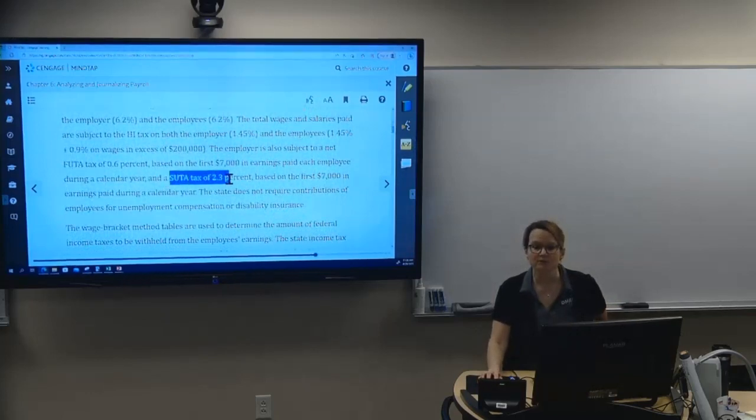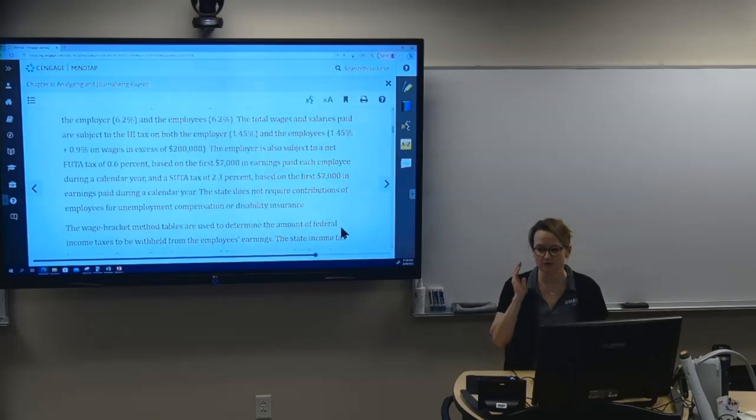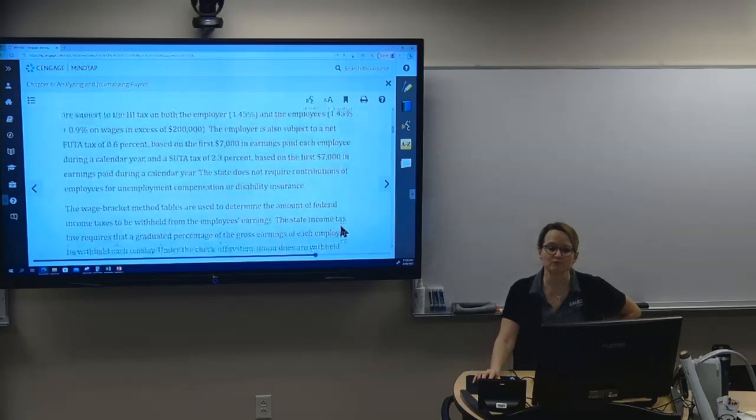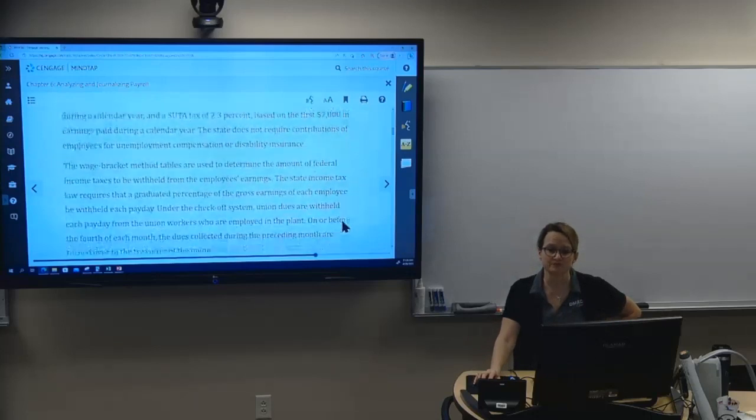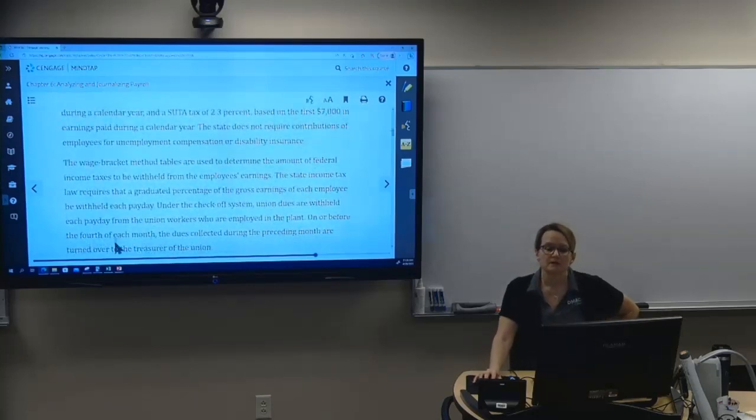SUTA is 2.3% on the first $7,000 as well. And this is for earnings in a calendar year, not the fiscal year, so it's going to go January to December, not July to June. The state does not require contributions of employees for unemployment compensation or for disability insurance.